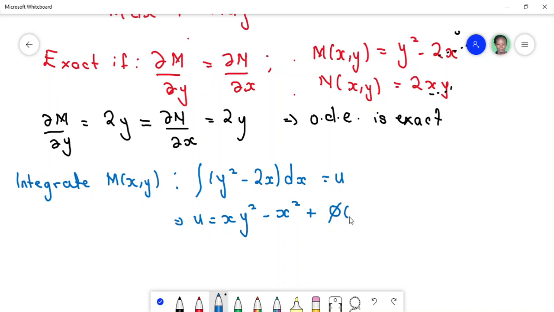So a function of y. So this is my constant.